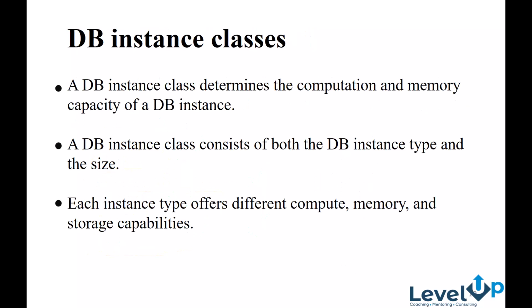Now, one type of database is not suitable for everybody, right? So there are different types of database instances, or we can call them database instance classes. What does a database instance class define? This will define how much compute power you're getting with which class, and what the memory capacity is.